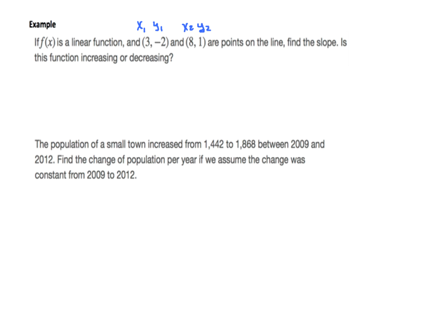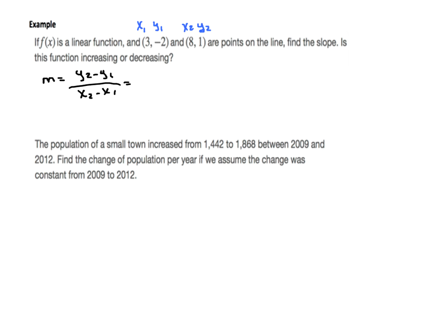And it doesn't matter which one you call the first point and which one you call the second. So I start out with the slope. Nickel's worth of free advice: whenever you use a formula, write it down. Then you don't have to spend time memorizing it. You'll just know it when the time comes.